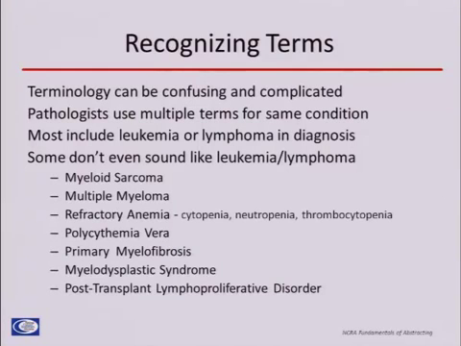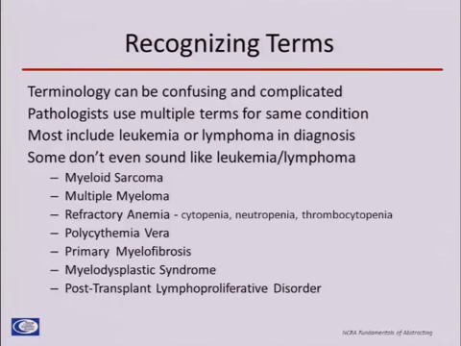Multiple myeloma, people are pretty familiar with that. But then we start to get into things like refractory anemia and polycythemia vera and things that don't sound like they're malignant. They sound like, and for many cases, they used to be considered and treated as pre-malignant conditions. Over time, the research has shown that they're early stages of disease.